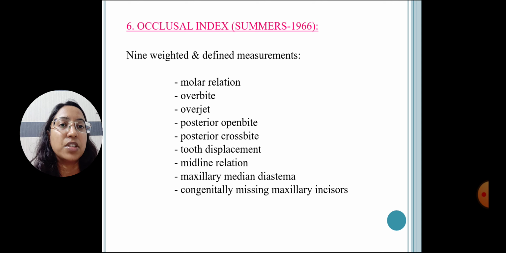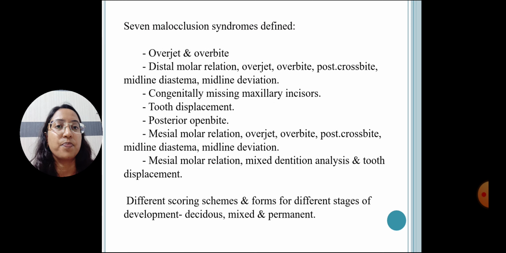Occlusal index by Summers. So here nine weighted and defined measurements were taken. The molar relation, overbite, overjet, posterior open bite, posterior crossbite, tooth displacement, midline relation, maxillary midline diastema, and congenitally missing maxillary incisors.